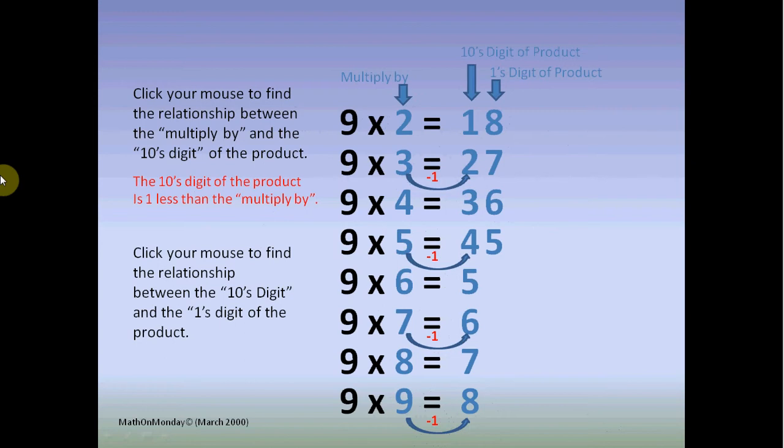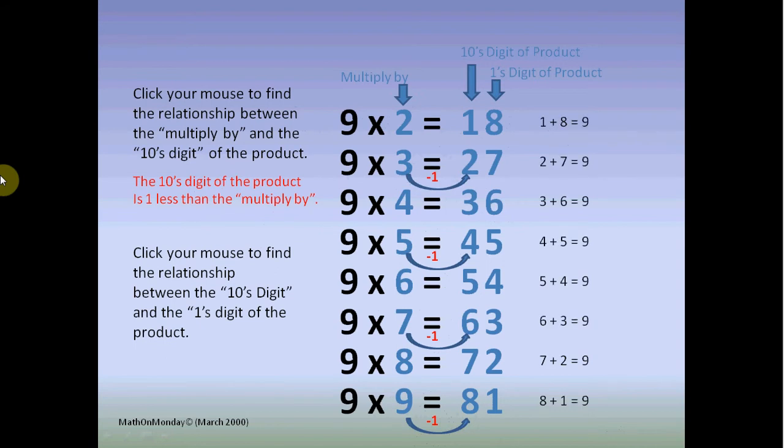Let's proceed. Let's take a peek here. You notice that if you add the tens digit and the ones digit of a 9 product, it always adds to 9. Numbers are such fun.